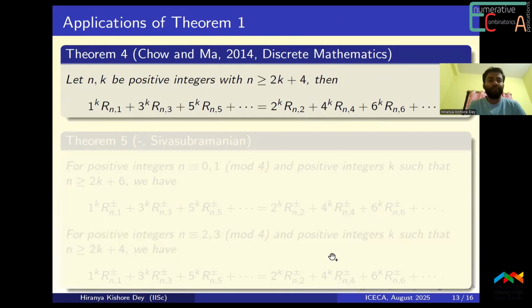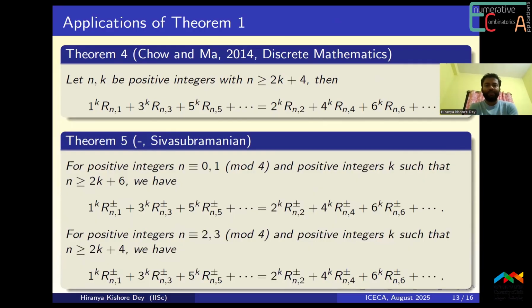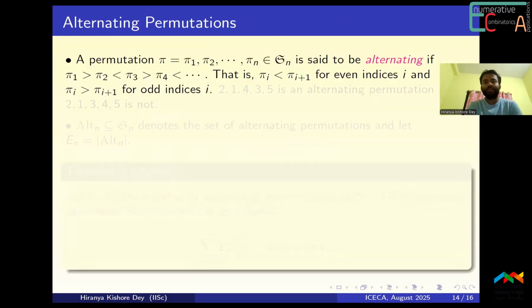Now, Chow and Ma in 2014 proved an identity relating 1 to the power k Rn(1) plus 2 to the power k Rn(2) plus dot dot dot to 2 to the power k Rn(2) plus 4 to the power k Rn(4) plus and so on. From the signed enumeration, it directly follows that this will also hold for the plus/minus alternating run coefficients.